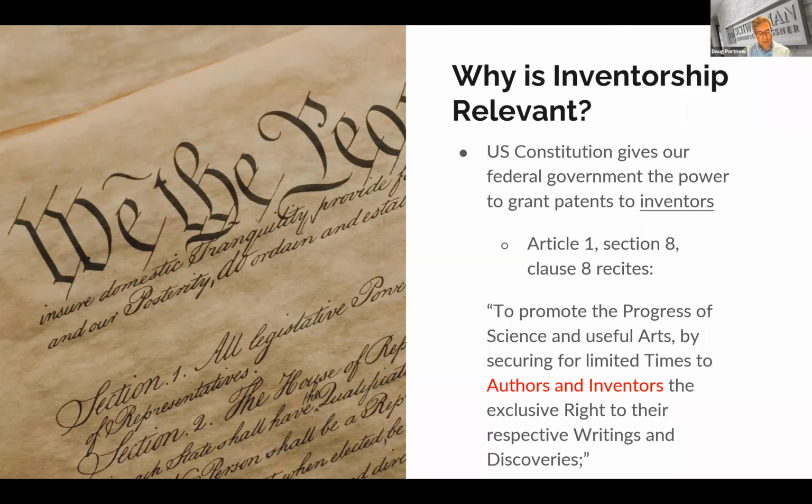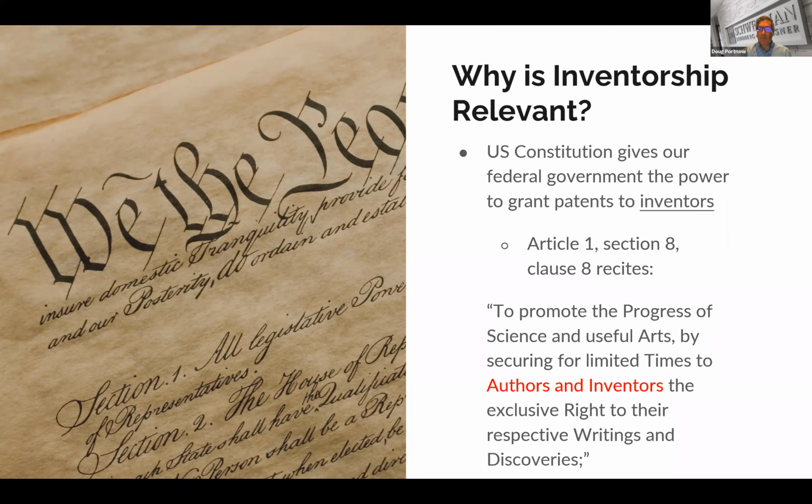So I think just to get started, we should talk about, why is inventorship relevant? And to understand that, we have to go all the way back to 1789 in the US Constitution. And the Constitution in Article 1, Section 8, Clause 8 actually reads to promote the progress of science and useful arts by securing for limited times to authors and inventors the exclusive right to their respective writings and discoveries. So what does that mean? What does that translate into?